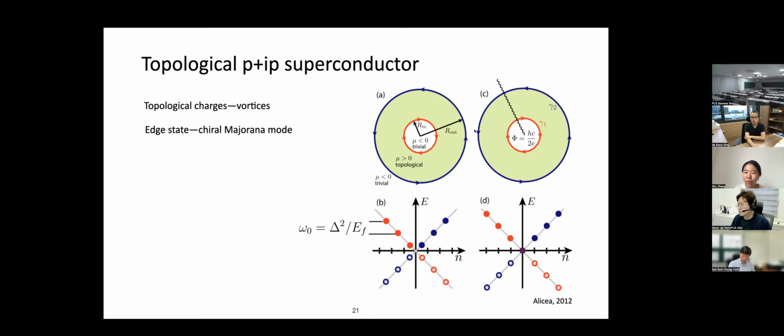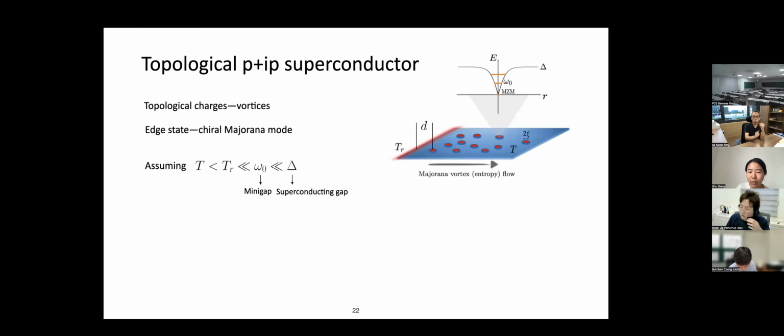For the chiral modes on the boundaries, we can think of it as a continuous chiral mode, but because the vortices are small, these mini levels are more separated, as shown in this plot here.